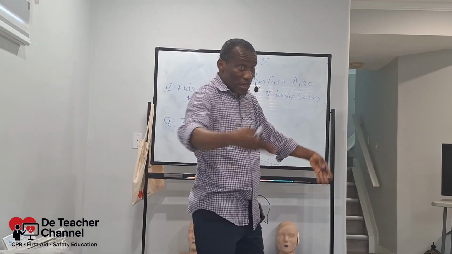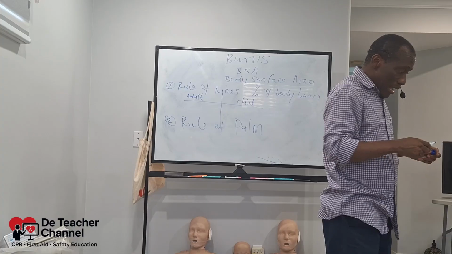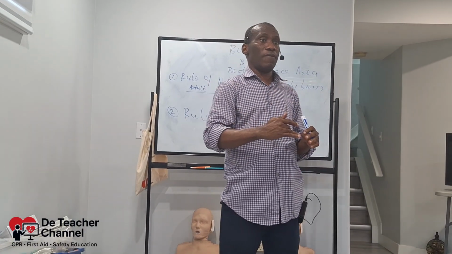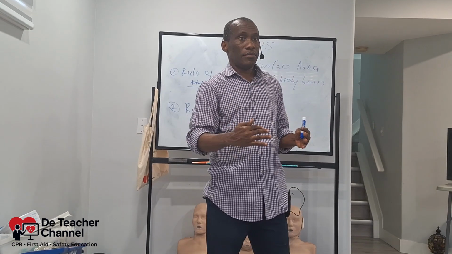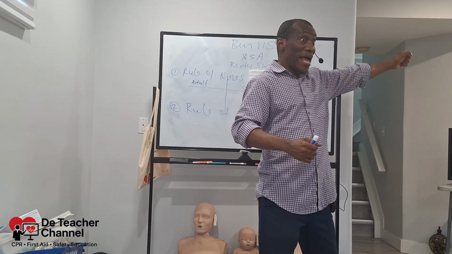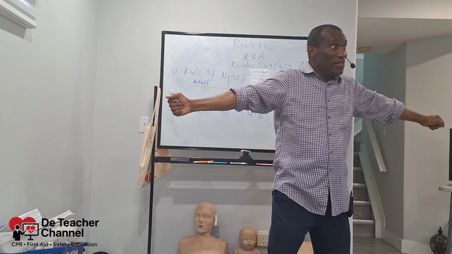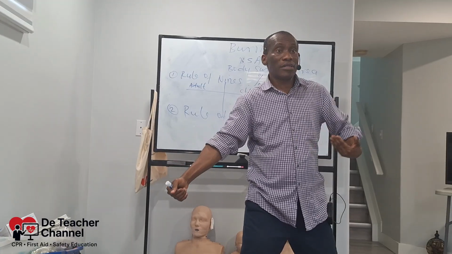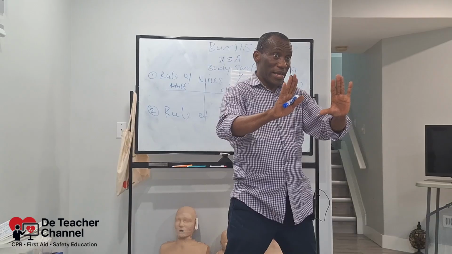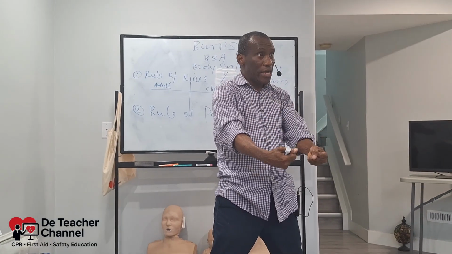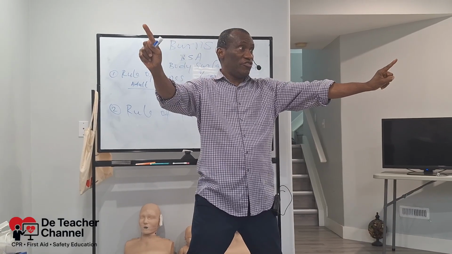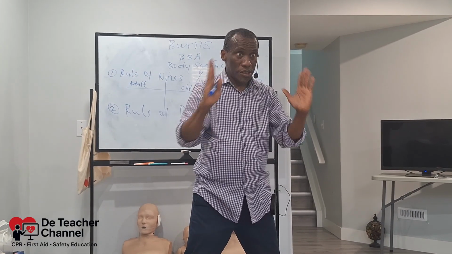Adult is divided into different sections: the head and neck section, the two hands, two legs, the front, the back, and the groin area. That's how the body is divided. And then they give a percentage to each section.